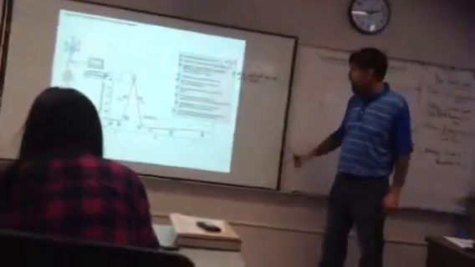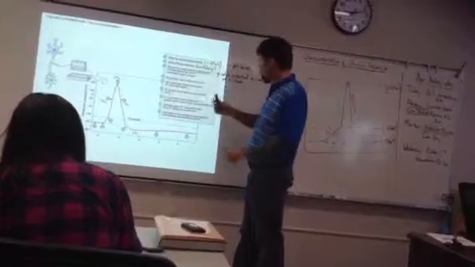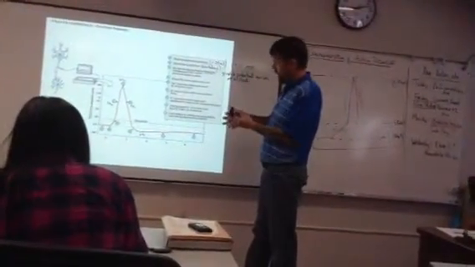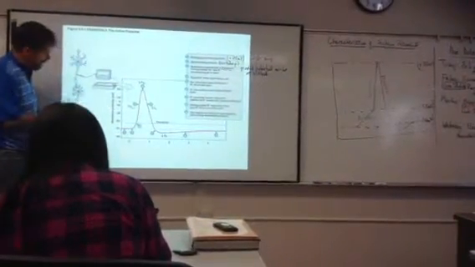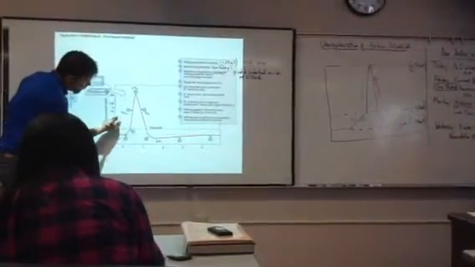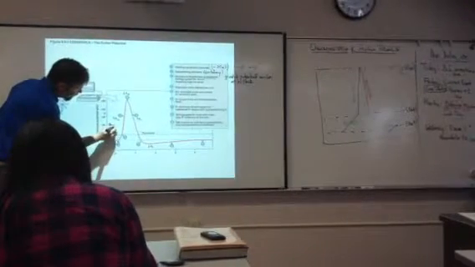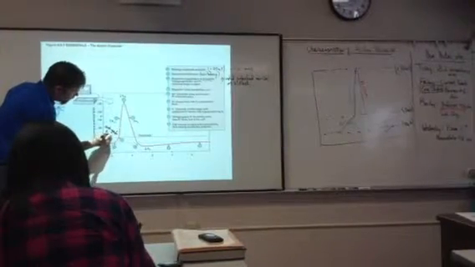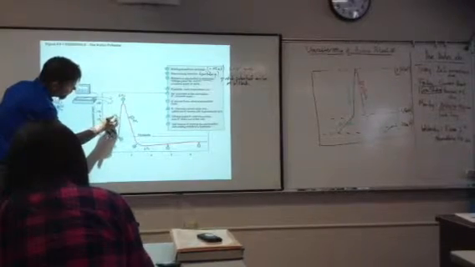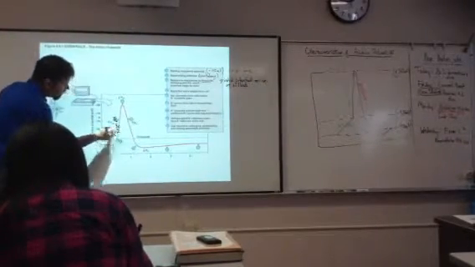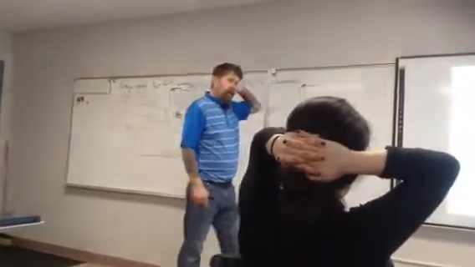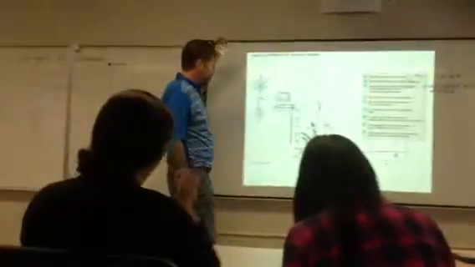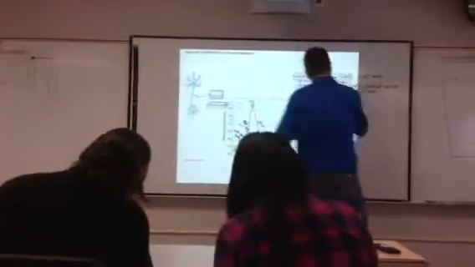So here, since you're at threshold, what that triggers at step 4 is the activation gate opens, and you get sodium influx. So gate opens, boom, sodium rushes into the cell. And since there's a steep gradient for sodium, you're going to get rapid depolarization.